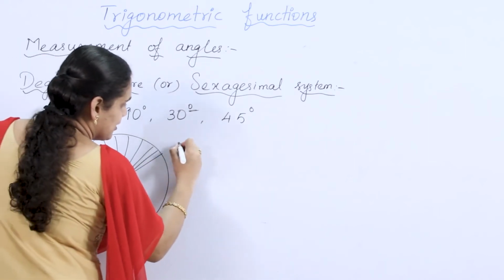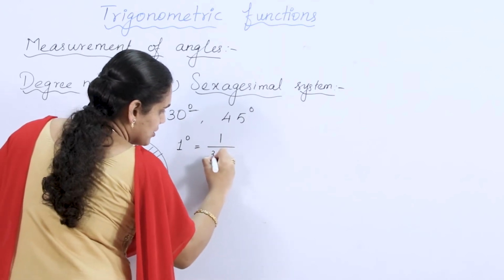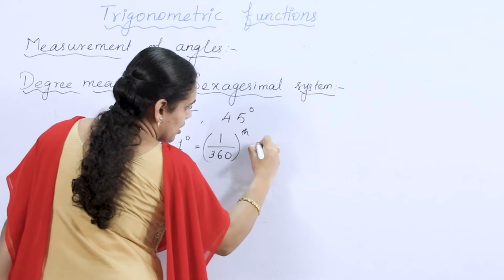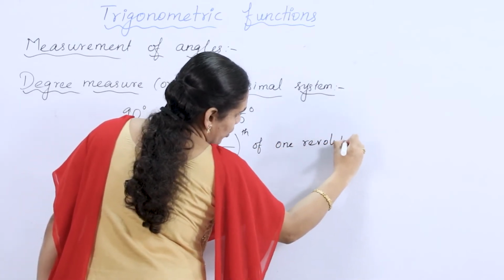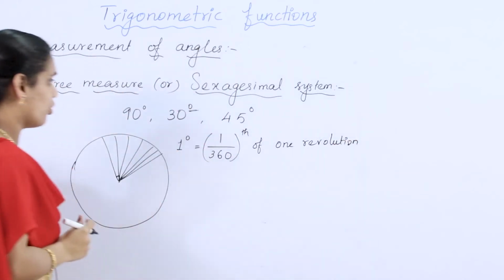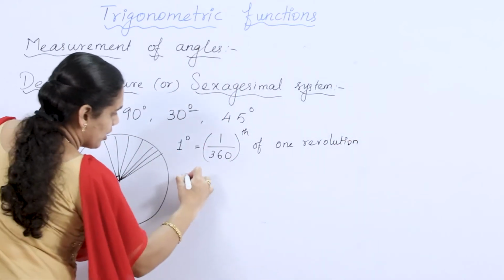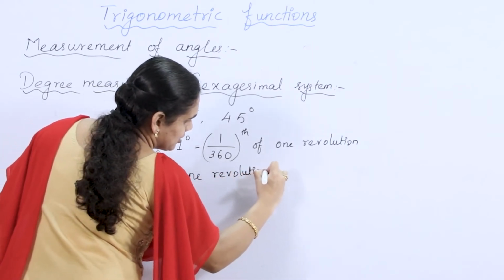So we can say that 1 degree is the measure of an angle which is equal to 1 by 360th of 1 revolution. That means 1 revolution makes 360 degree. So otherwise we can write 1 revolution equals 360 degree.